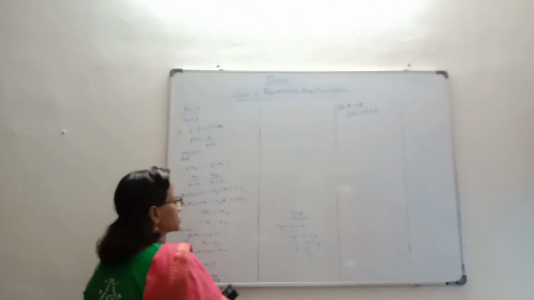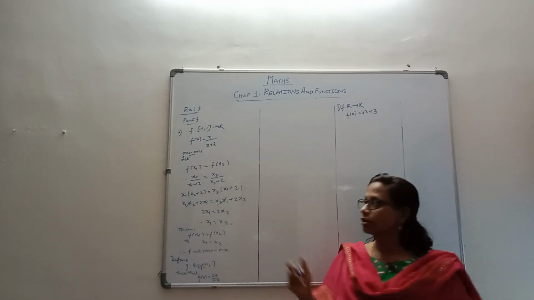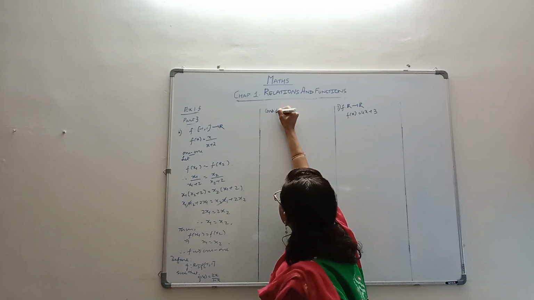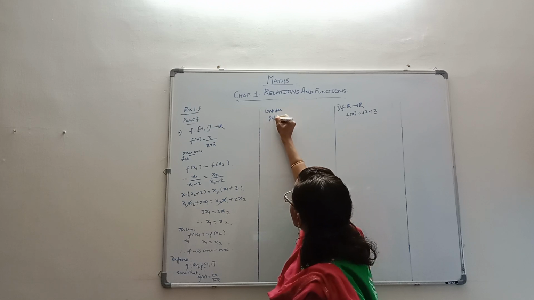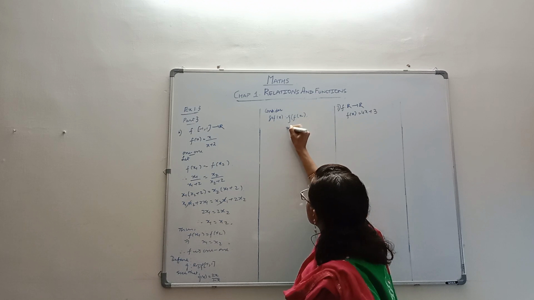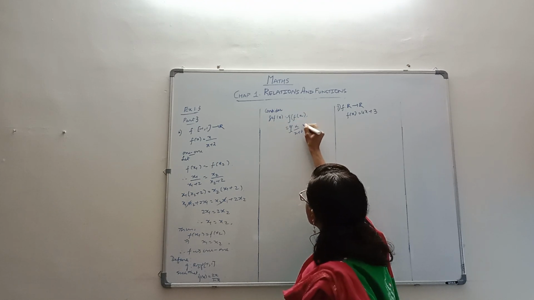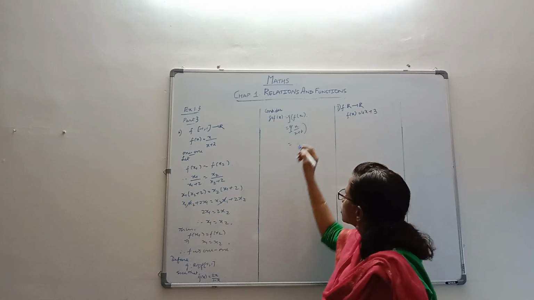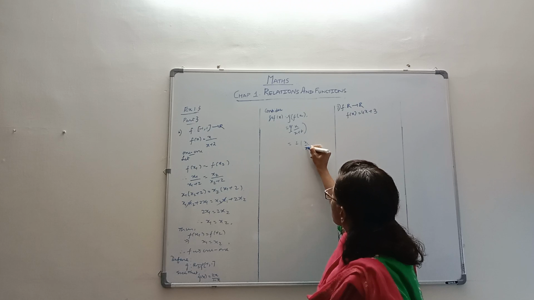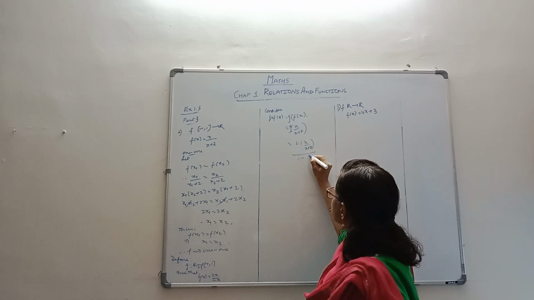Now we will consider g o f of x, which is g of f of x. f of x we know is x by x plus 2. g of that value is 2 times the bracket value by 1 minus the bracket value.